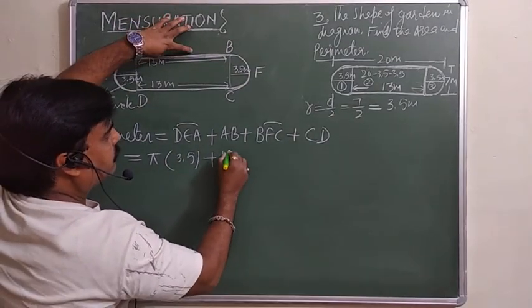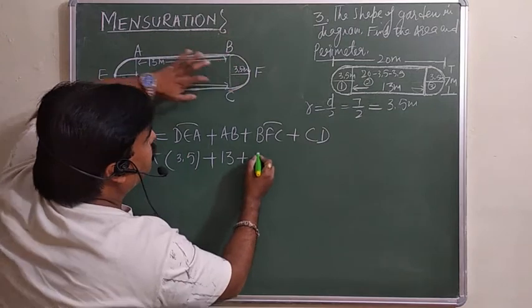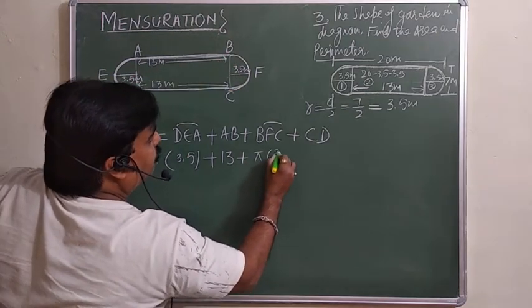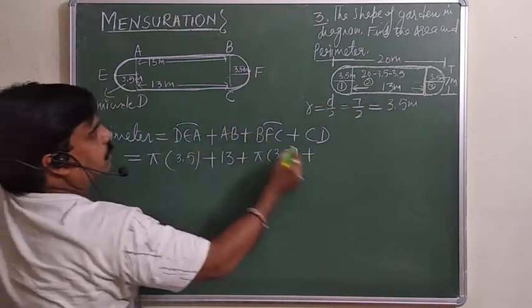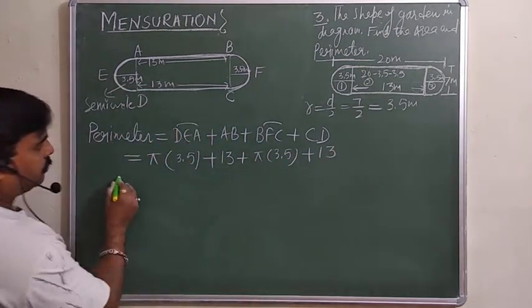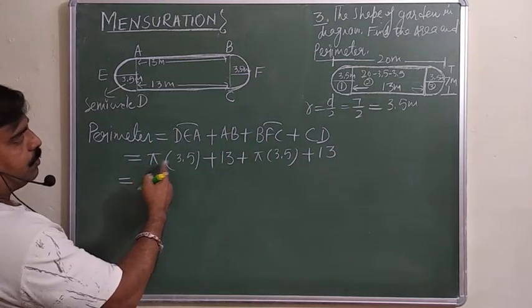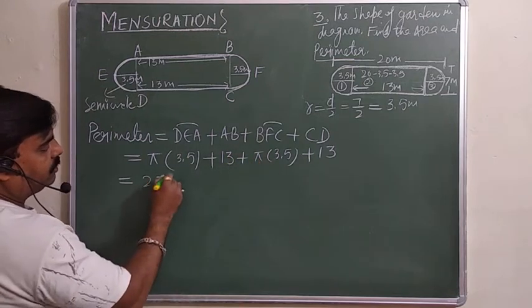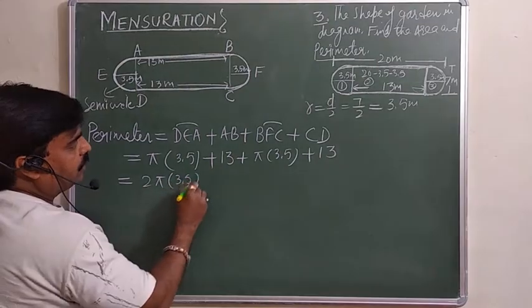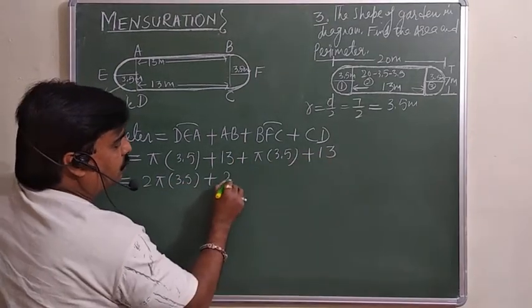This is 13. This one, BFC, is also pi r, that is 3.5 because the radius is 3.5, plus CD is 13. You can calculate this one. See now, this is pi into 3.5, so this is 2 pi into 3.5 plus 13 is 26.